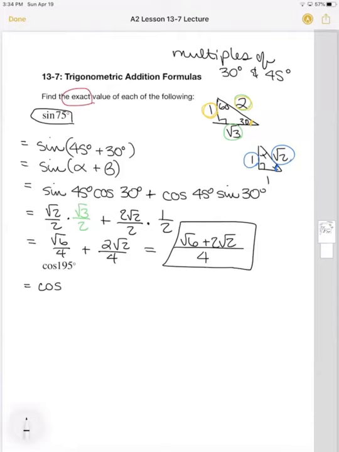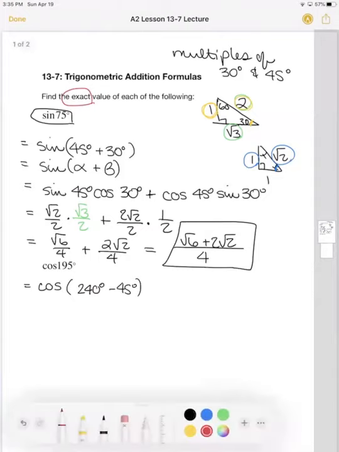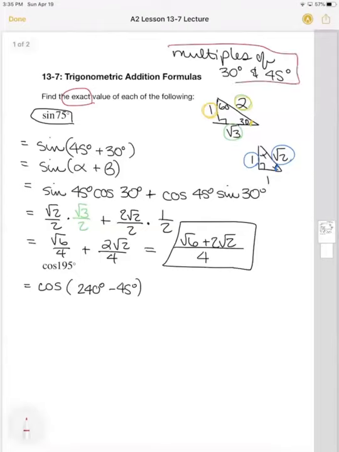So I'm going to make 195 the cosine of 240 degrees minus 45 degrees. Now you say, how did I come up with that? Well, remember at the top up here, I wanted to have multiples of 30 and 45. And 240 is a multiple of 30, and of course 45 degrees was used.